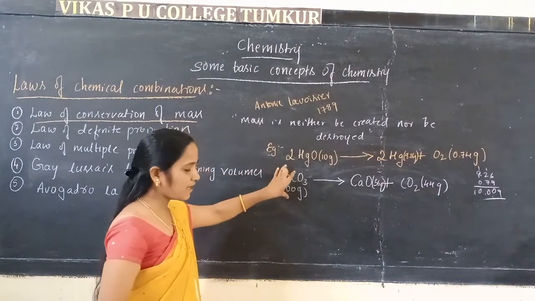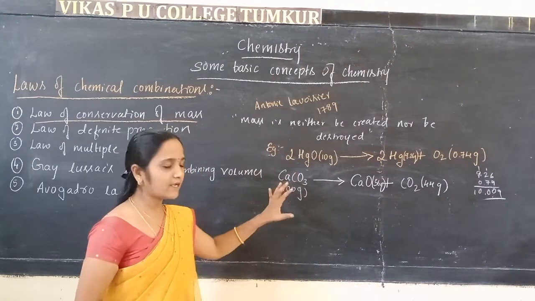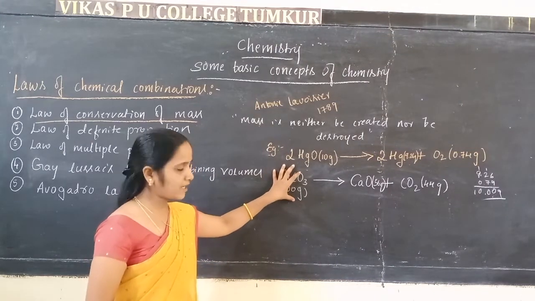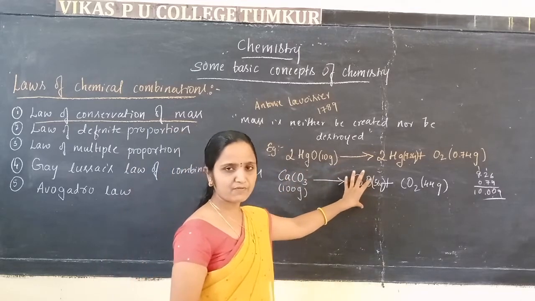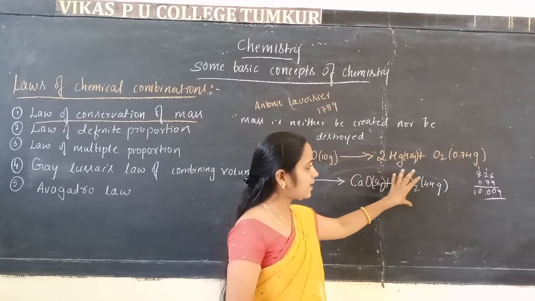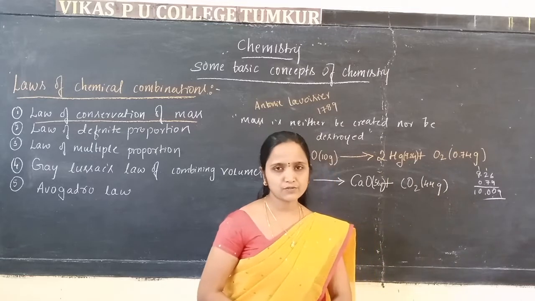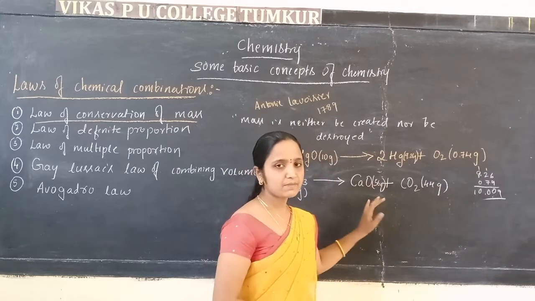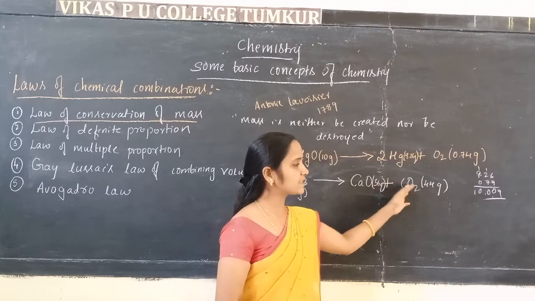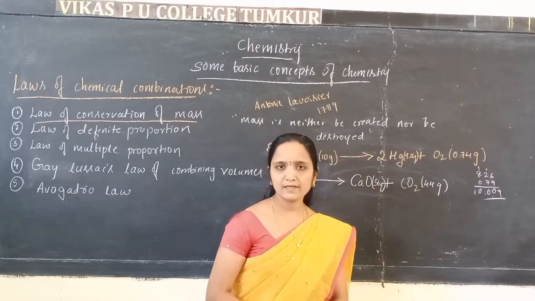When 100 grams of calcium carbonate is decomposed, 56 gram of calcium oxide and 44 gram of carbon dioxide are obtained. The addition of 56 and 44 gives 100 gram.